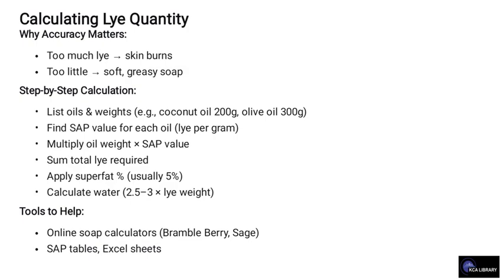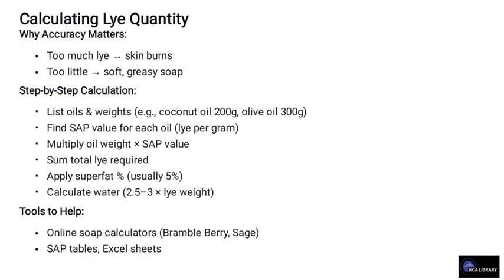You multiply the oil weight measured initially by the saponification value of each of the oils. Now, you sum the total lye required. After summing, you apply the superfat percent, usually 5%. Then you calculate the water to be used.